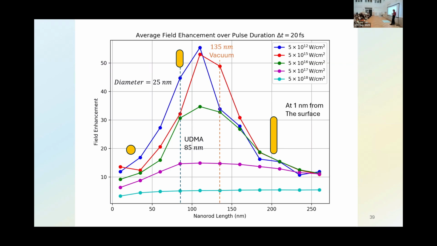So each one of these nanorods should have a different resonant wavelength, which is why you see this same shape absorbance peak. But you can see as the intensity is increasing, the absorbance peak is going away. We're getting a saturation of the near field enhancement as a function of intensity.